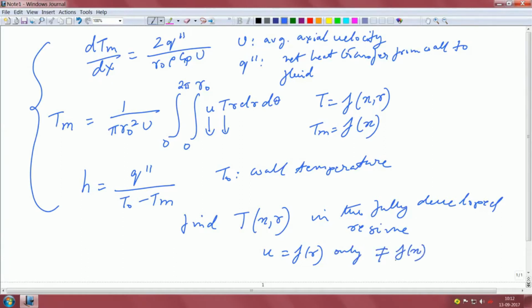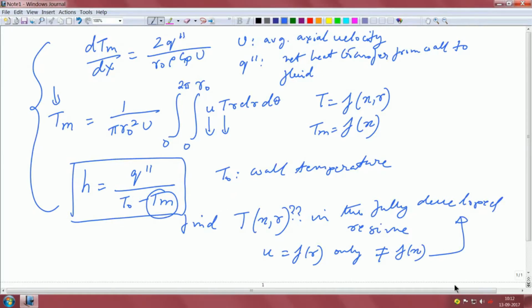What about T? The question remains whether T is also a function of x, a function of r, or only a function of r, and things like that, right. That is what we need to answer, because based on that we can find out what your Tm is going to be. Once we find Tm, the all important quantity once again is the heat transfer coefficient, which is a function of Tm in this particular case, right. So, all these things are kind of coupled with each other. So, T is needed.